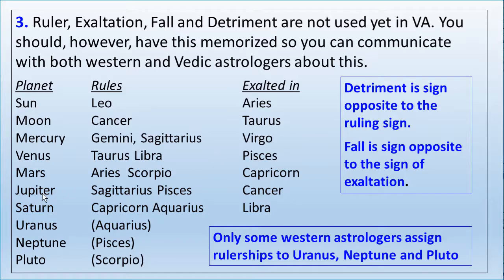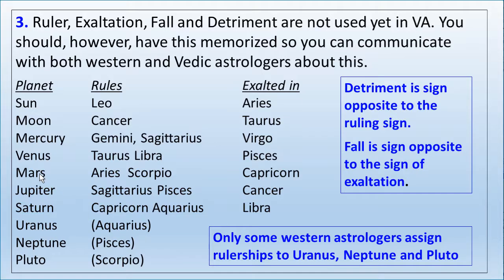Looking at Jupiter and Saturn and Mars, we have Mars ruling Aries and Scorpio, but some modern Western astrologers say that Pluto rules Scorpio. I put it in parentheses, meaning only some modern Western astrologers say that Pluto rules Scorpio.